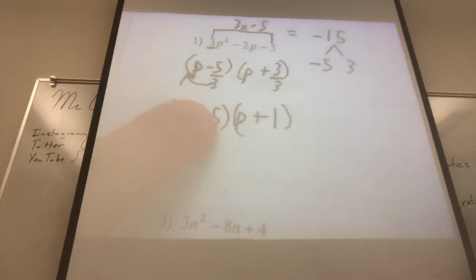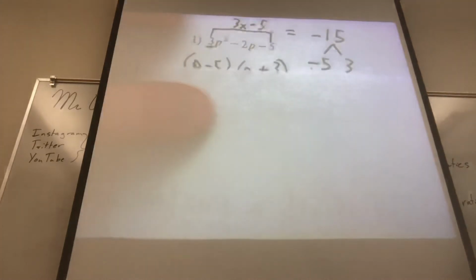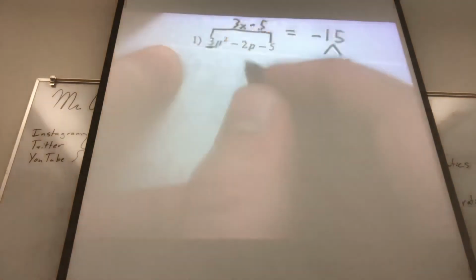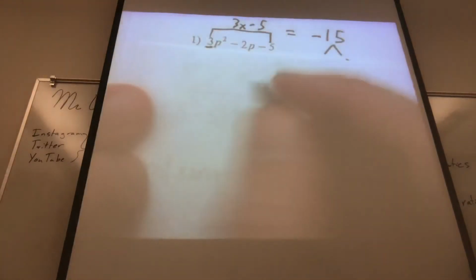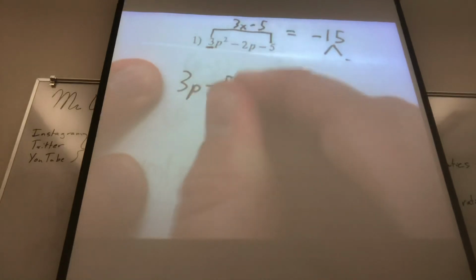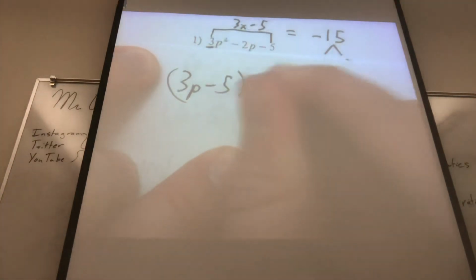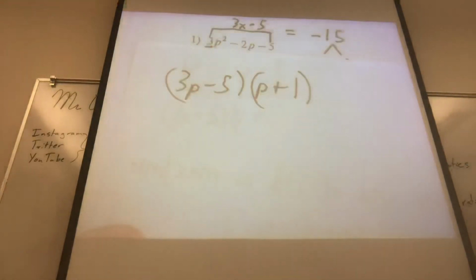If you can't factor, you can probably multiply. So if I'm looking at one of my potential answers, and one of my potential answers is 3P minus 5 times, what was it, P plus 1? Yes. If that's like letter A, all right?